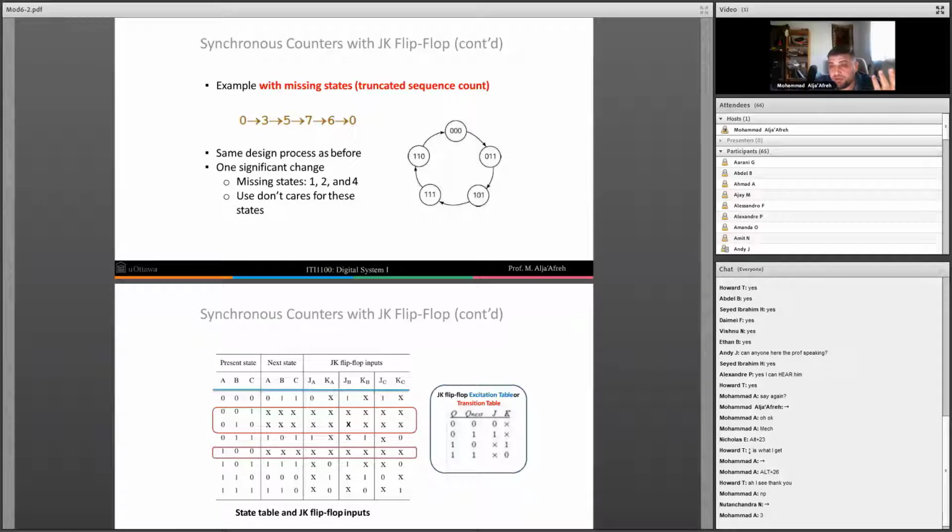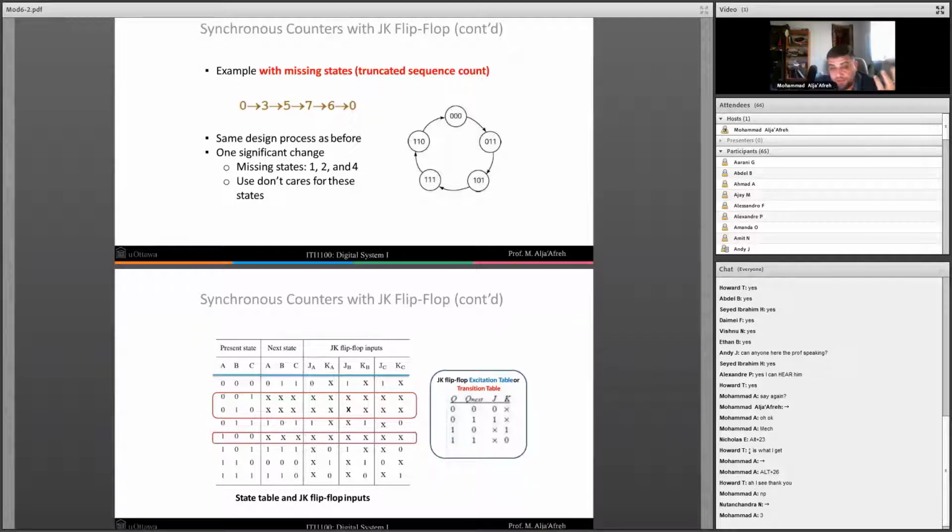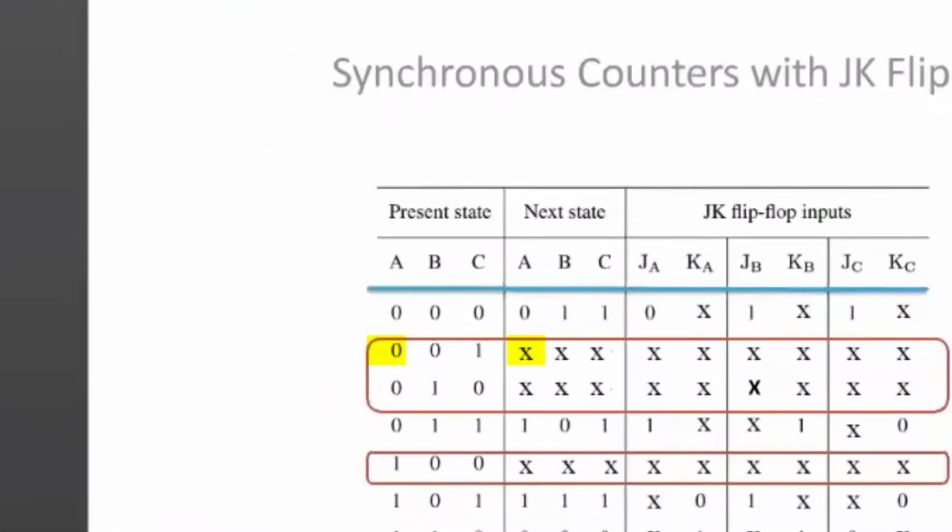What I'm going to do is derive the equation for each flip-flop. Let's take a look at C, because that is the weird thing that you may encounter. For A, it was 0, it becomes X. So what are you going to do, guys? We don't have anything here. Do we have any case to represent it was 0 and became X?